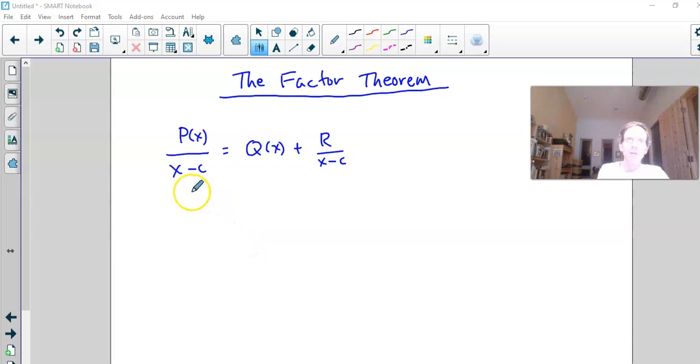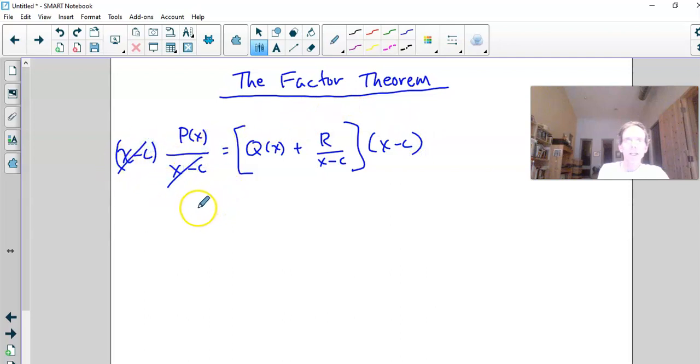Let's see if we can show that. So let's multiply both sides by this divisor x minus c. On the left side, the x minus c cancels, leaving just the polynomial. And on the right side, we have to distribute this.